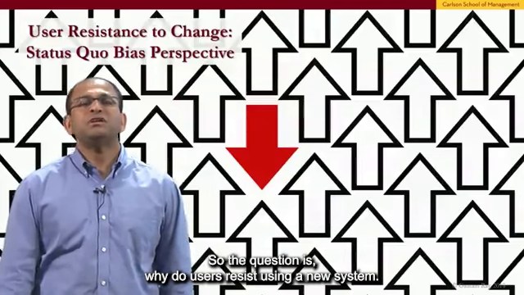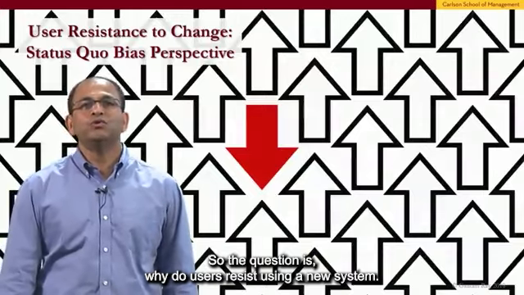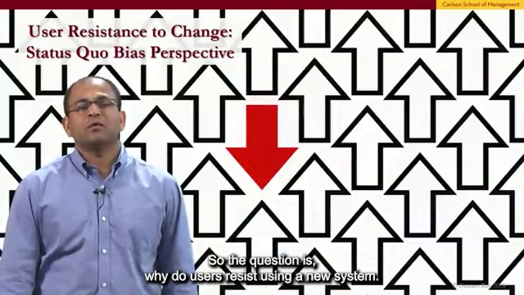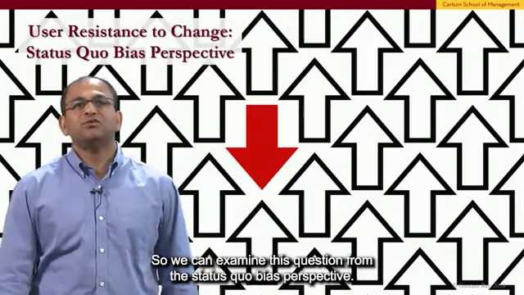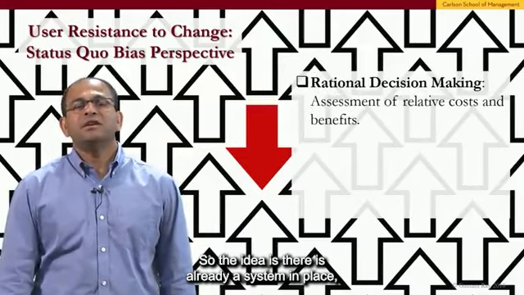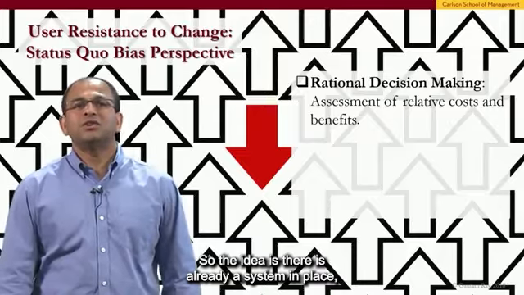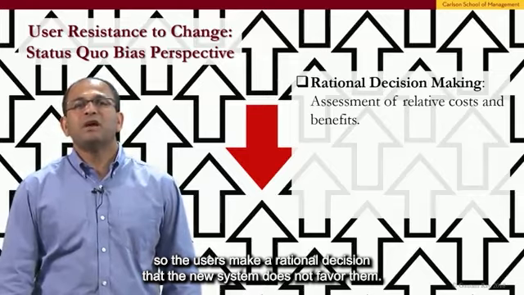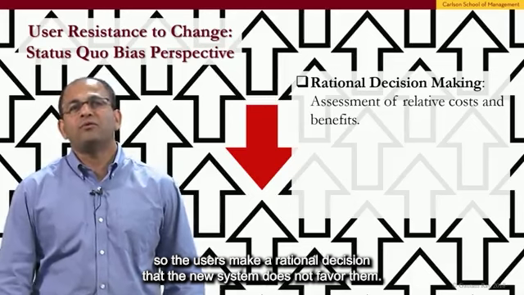So the question is, why do users resist using a new system? So we can examine this question from the status quo bias perspective. So the idea is there is already a system in place, so the users make a rational decision that the new system does not favor them.